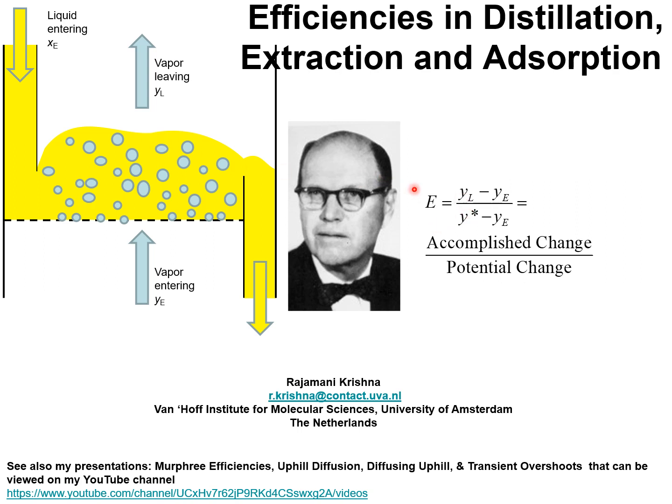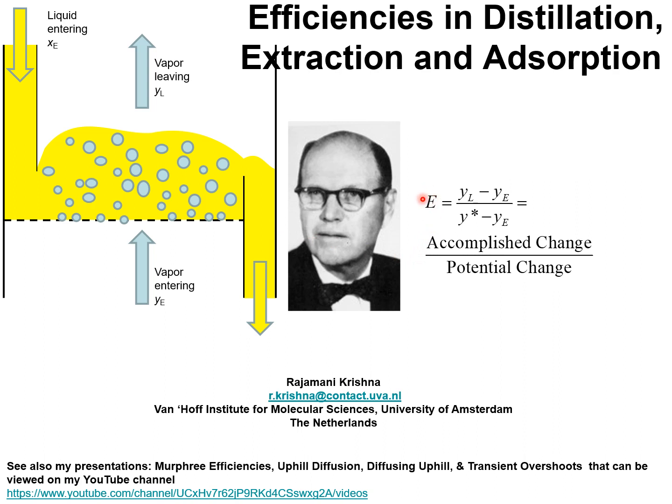We can define the component Murphree efficiency as the difference in the composition between the vapor leaving the tray and the vapor entering the tray, divided by the composition change that can be achieved if the vapor leaving the tray were to be in thermodynamic equilibrium with the liquid leaving the tray.